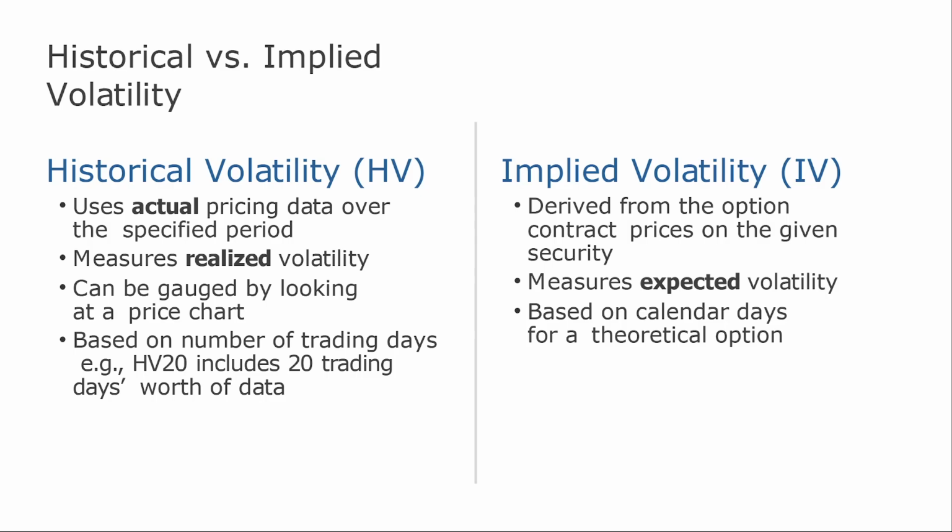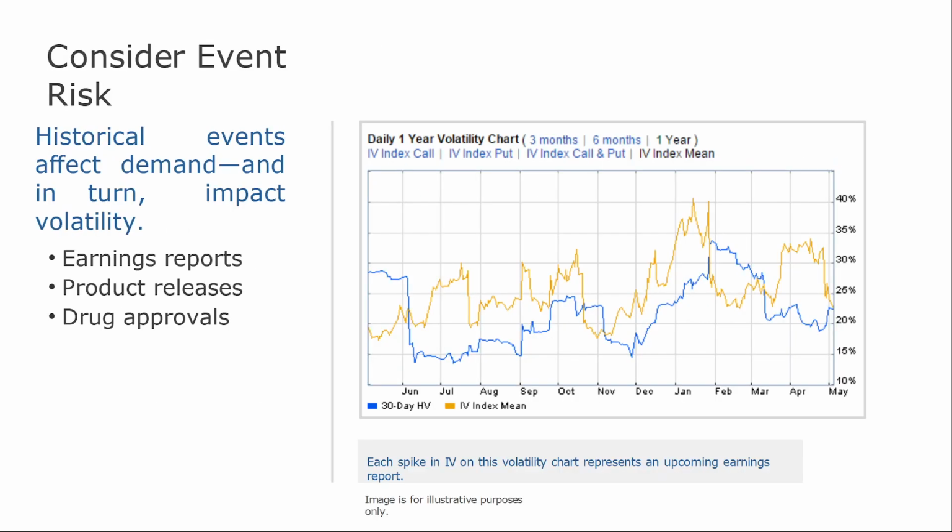It's not an estimation like the implied one. So here we can see that, for example, the 30-day, the blue one, is the real volatility, while the yellow one is telling us what the implied was. So it's like the broker said, oh, I think it's going to go 25%, but it actually moved only 15%.